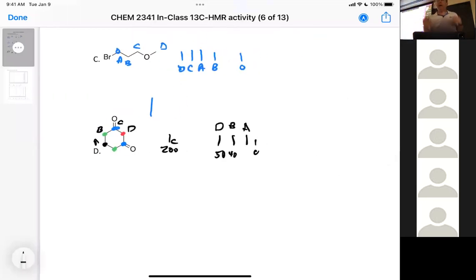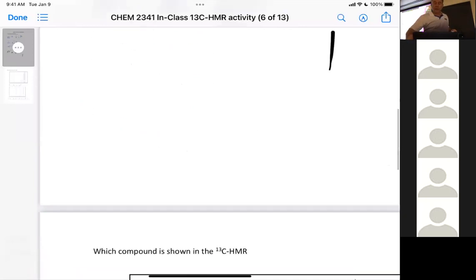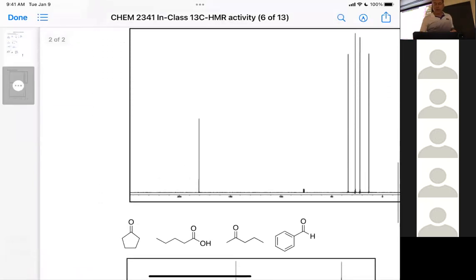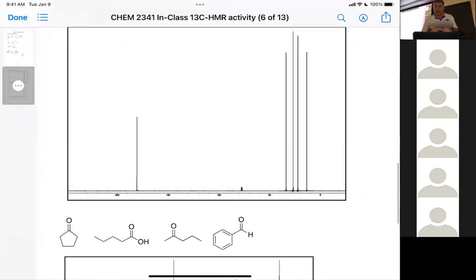Okay. So now let's apply what we just learned to this structure here. So this is 100, this is 150, this is 200, this is 50, and this is 0 here.